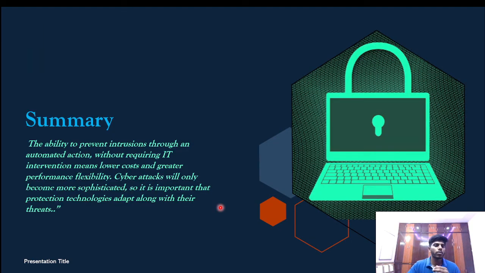Summary: the ability to prevent intrusions through an automated action without requiring IT intervention means lower cost and greater performance and flexibility. Cyber attacks will only become more sophisticated, so it is important that protection technology adapts along with the threats. From every attack, we have to learn something.